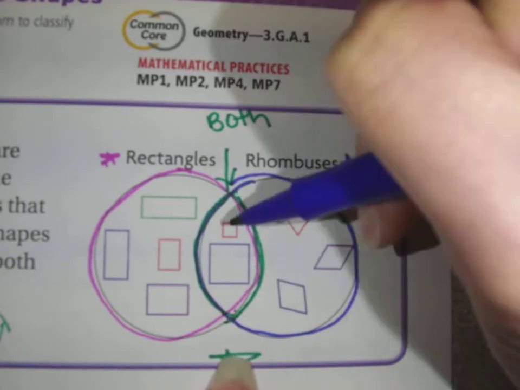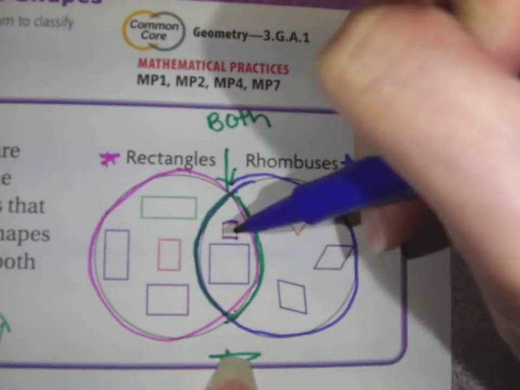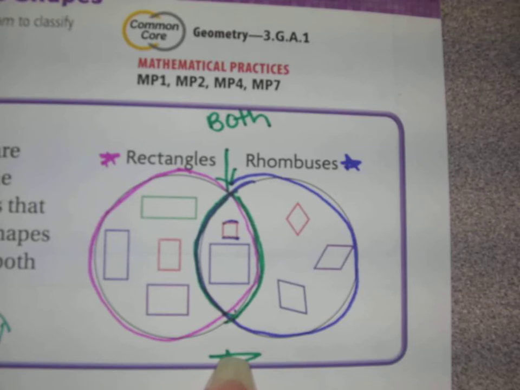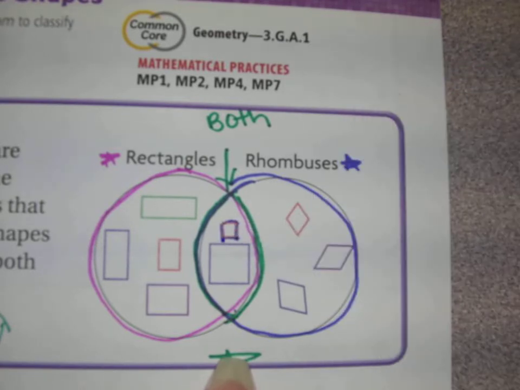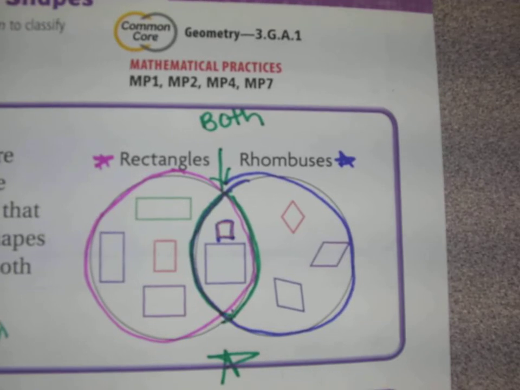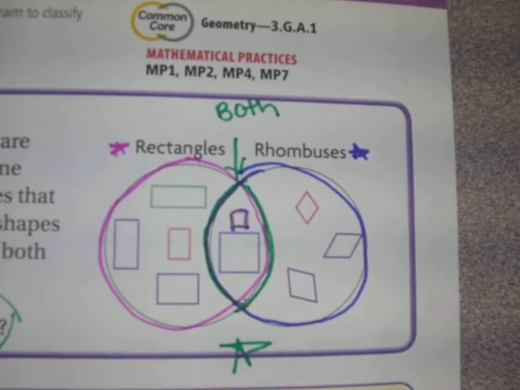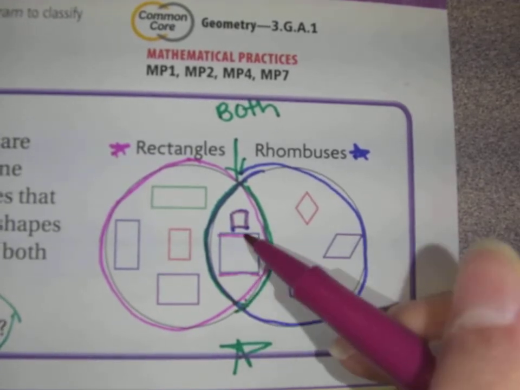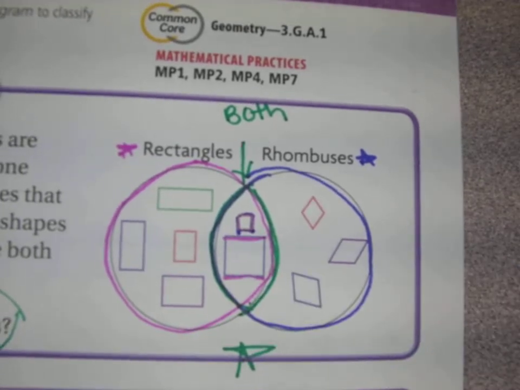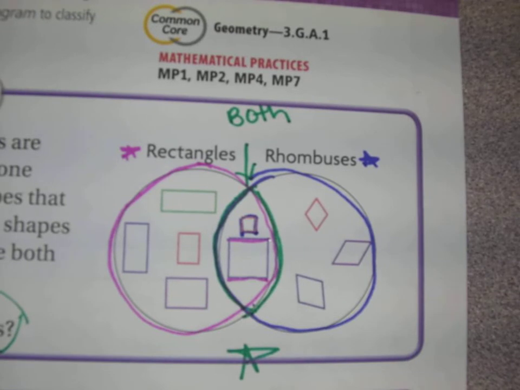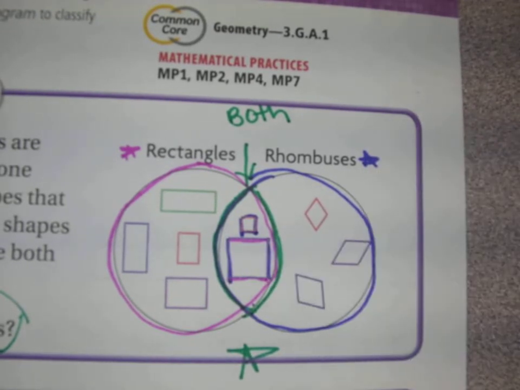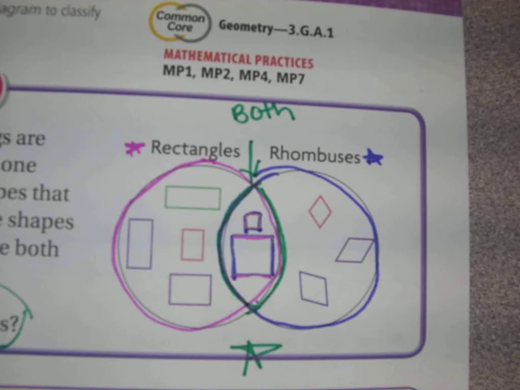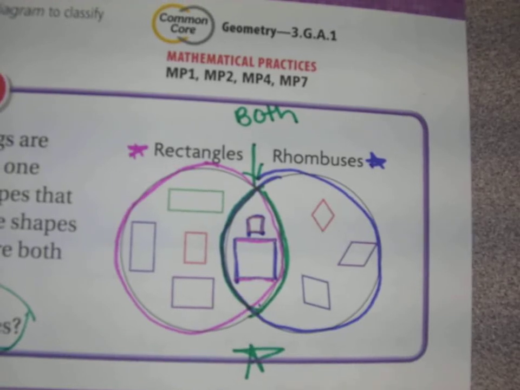So this side and this side, that's 1 pair of parallel sides, and these 2 sides are parallel. And over here, this side and this side are parallel of each other, and so is this side and this side. So they always have 2 pairs of opposite sides that are parallel.